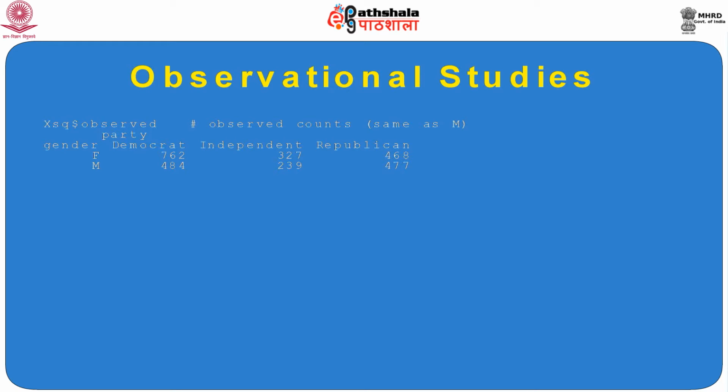Now we go for the expected counts under the null hypothesis. The expected value for Democratic female is 703.67 as compared to 762. For Independent it is 319.64 as compared to 327.